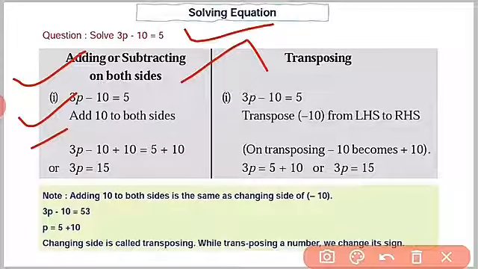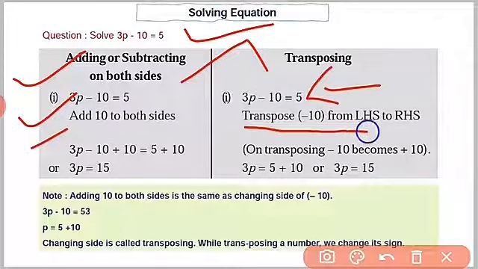Let's see what transposing is. In transposing, the first equation is written as it is: 3p minus 10 is equal to 5. What we are doing is transposing minus 10 from LHS to RHS.